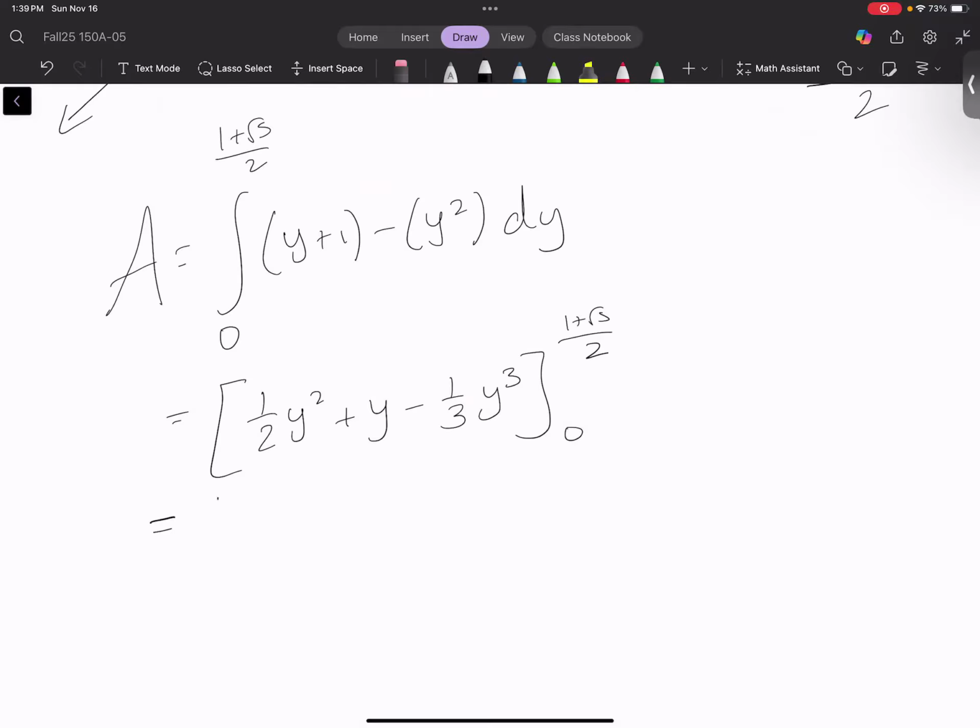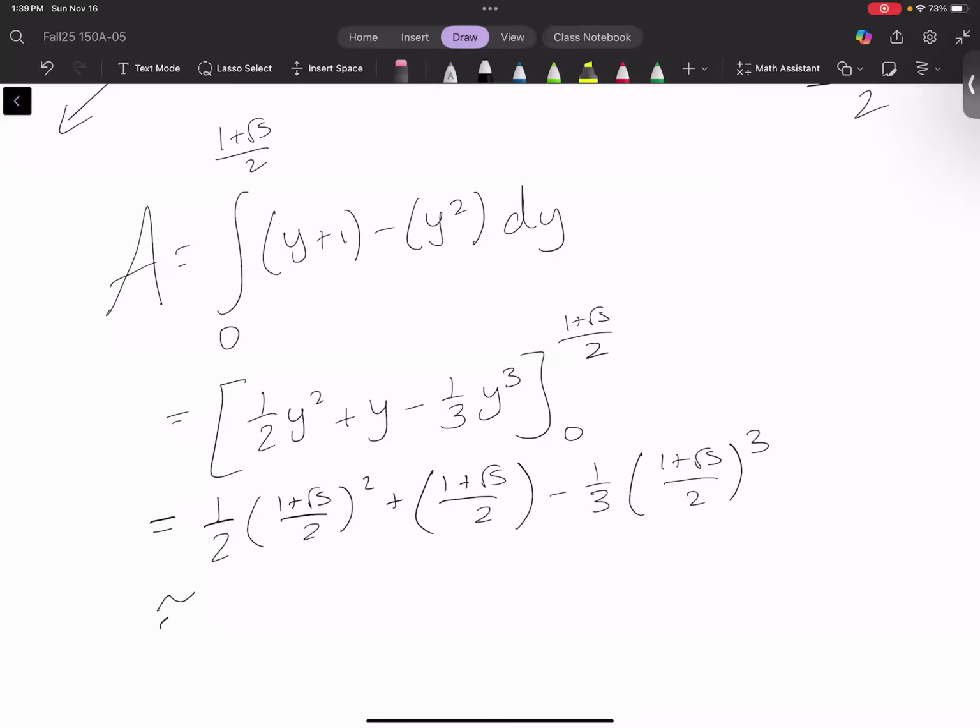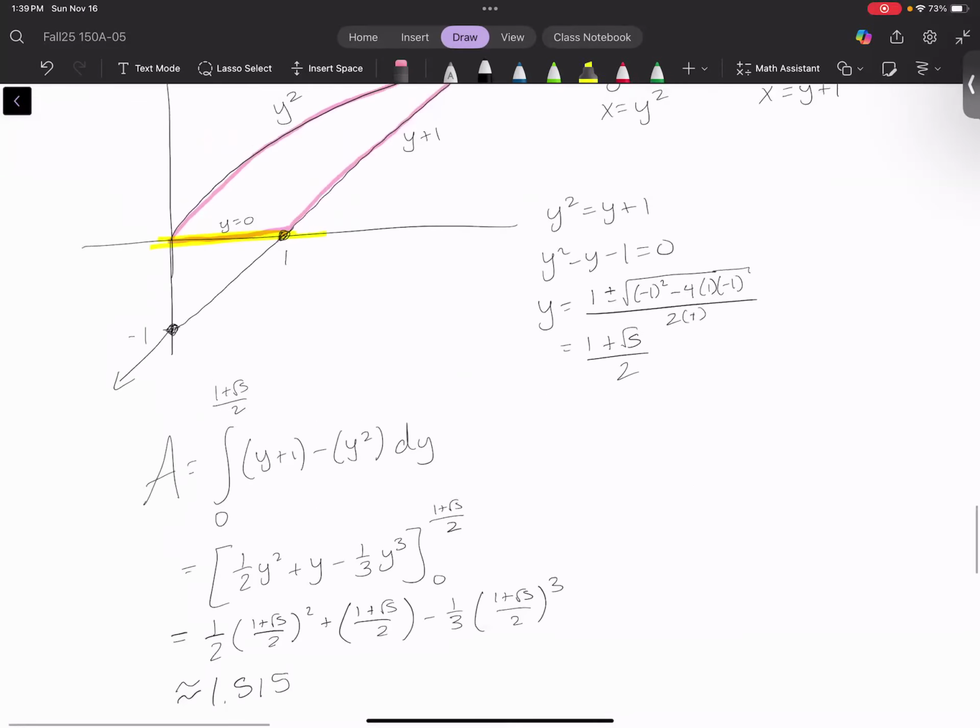This upper bound is a little gnarly, so I'm just going to leave it like this. When we are doing integrals, I'm not going to give you super crazy numbers like this. The zero bound gives us 0, so we can just ignore that. And this is about 1.515. That's our area.